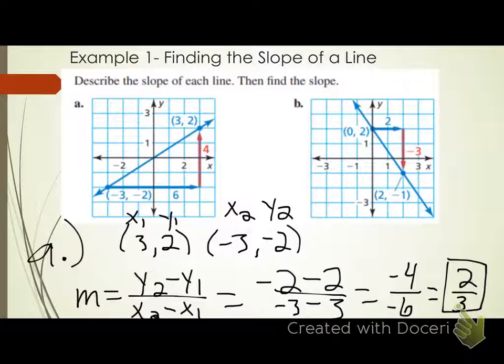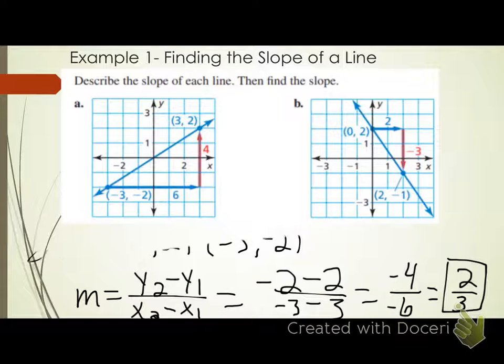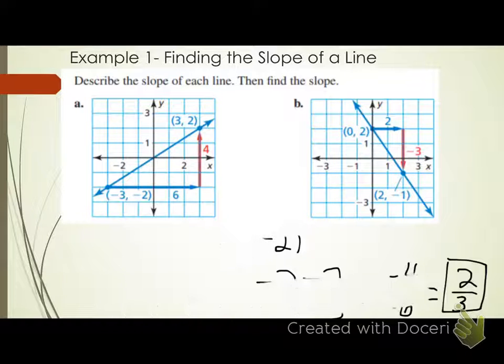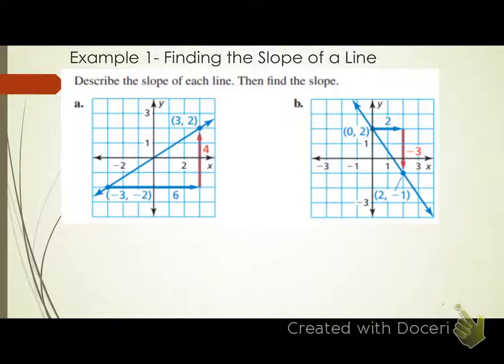Can I erase and move to B? Yep. Raise your hand if you can describe the slope for me on letter B. Negative 3 and 2. Nope, describe the slope. It's running 2, and go down 3.